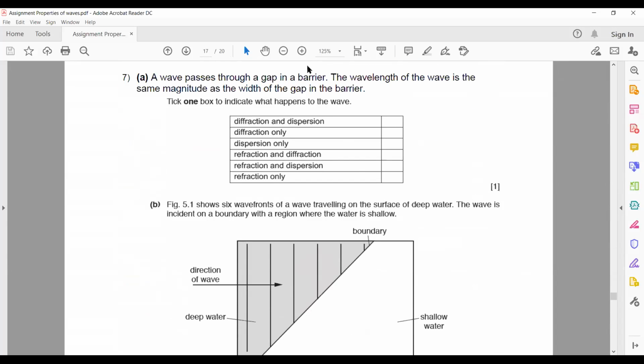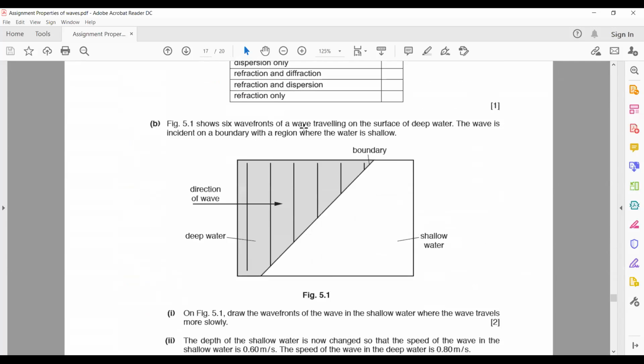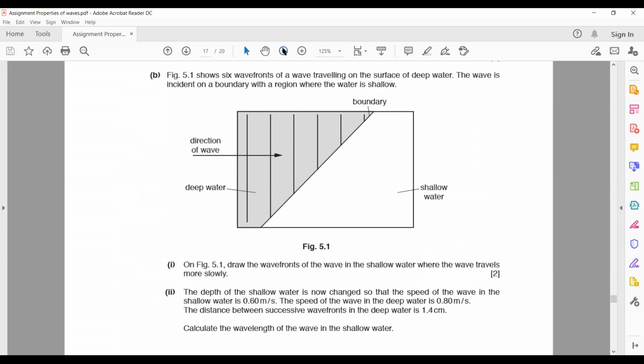Okay, in this question, question number 5B. Figure 5.1 shows 6 wavefronts traveling on the surface of deep water. The wave is incident on the boundary where the water is shallow. On the figure, draw the wavefronts in the shallow.